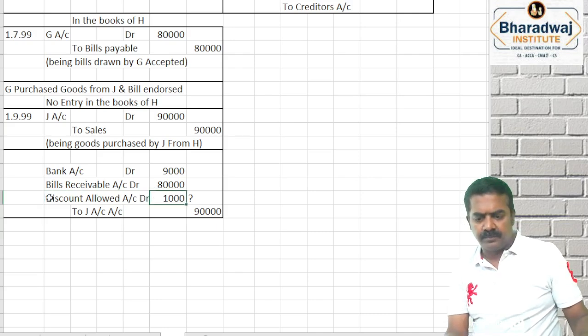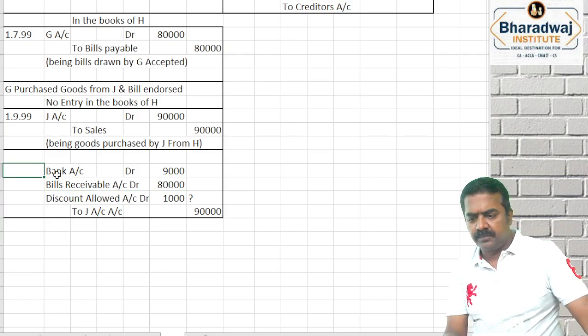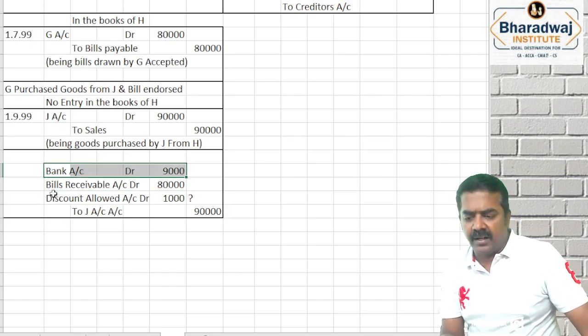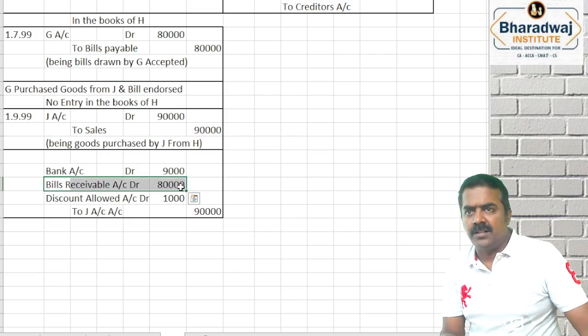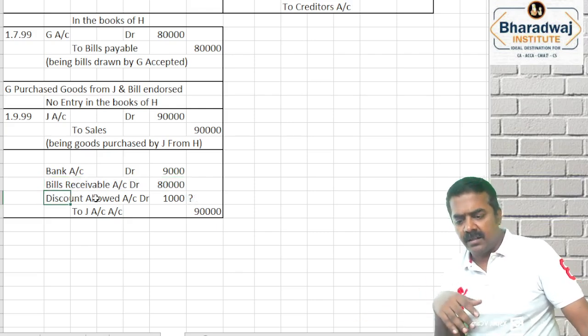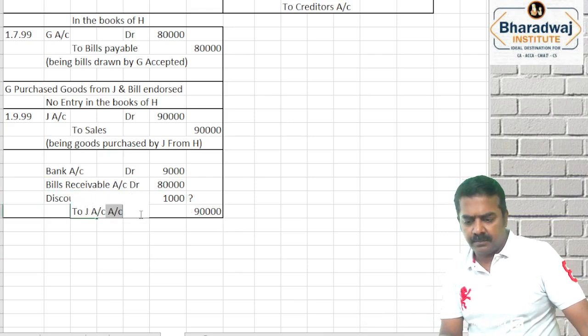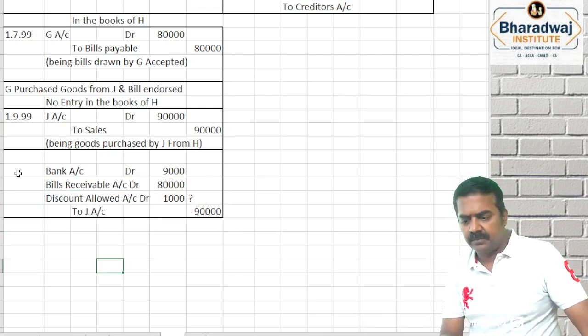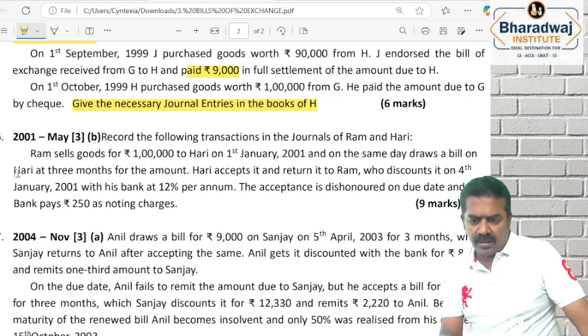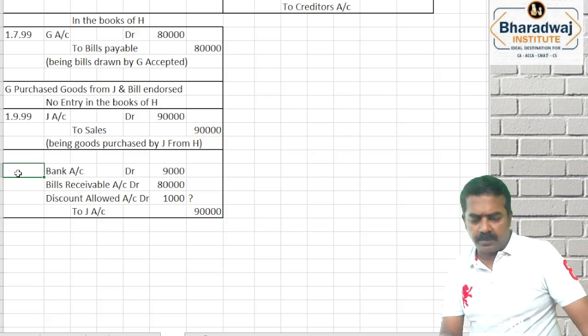How much more? 1,000. Bank account debit, we collect 9,000. Endorsed bill from another party we collect. Discount allowed 1,000 to J account, 90,000. This is on what date? 1st September.